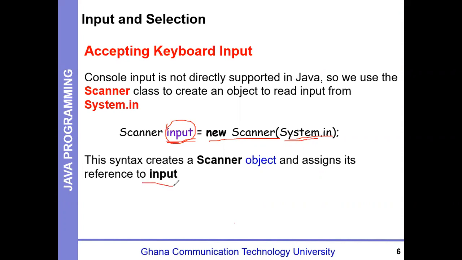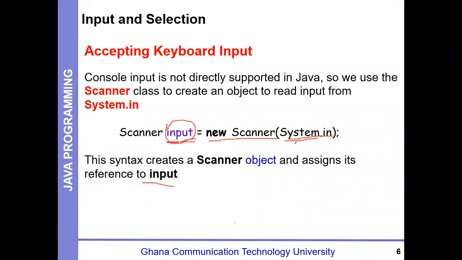We can look at it like a variable, because you are assigning something to it once you see the equal sign, but we wouldn't call this a primitive data type like the integer and all those things. This we call an object.